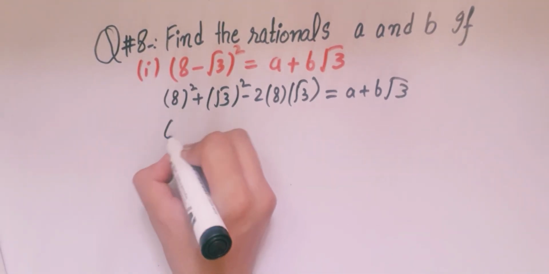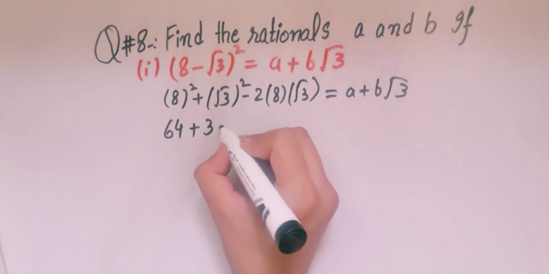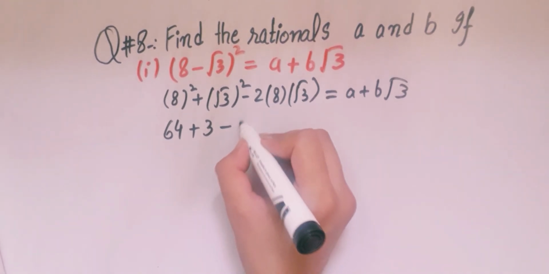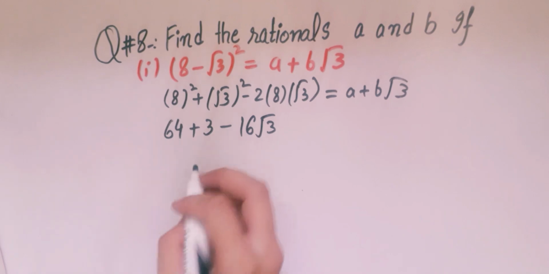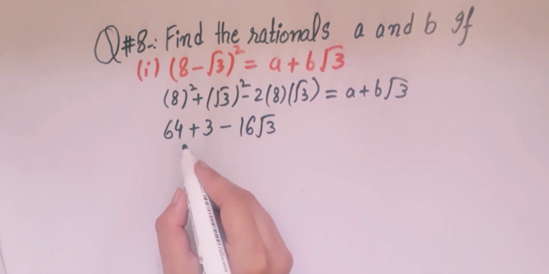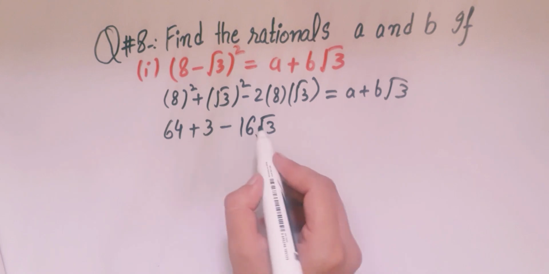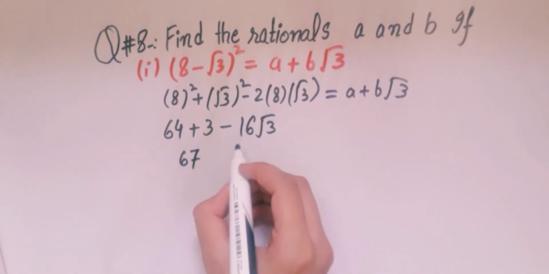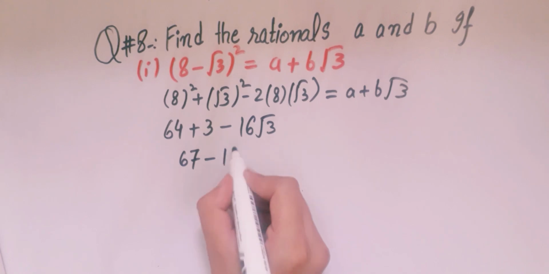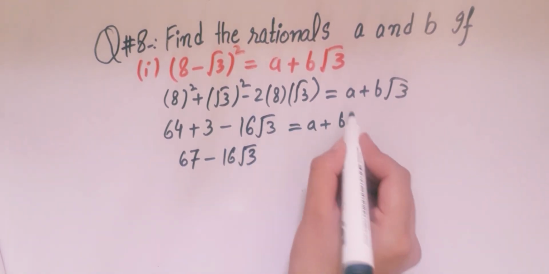So 8 square is 64 plus 3 minus 16 square root 3. Then 64 plus 3 is 67 minus 16 square root of 3, which is equal to a plus b square root of 3.